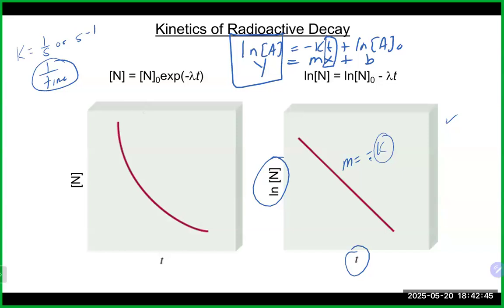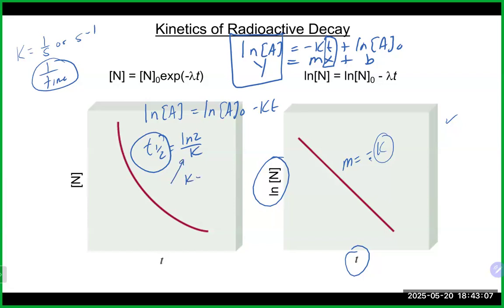Now, these two equations are oftentimes used together. Especially in this chapter, they are very fond of giving you the half-life, but not giving you the decay constant. So a lot of times what you have to do is use the half-life equation to get k, and then stick your k into this equation to solve for what the problem is looking for.